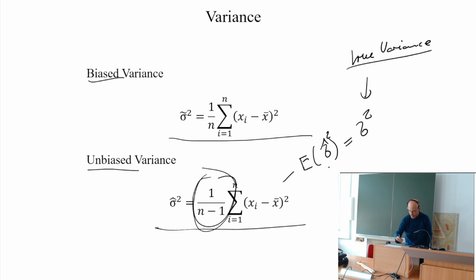And here, the expected value of sigma squared tilde is definitely not equaling your true variance. And this is the reason why you are dividing by n minus 1. Maybe if we have time, I'll show you why this is the reason. But actually, you should know that this is the reason. And this is again what I'm talking about. If you are doing statistics, you should know what you are doing.